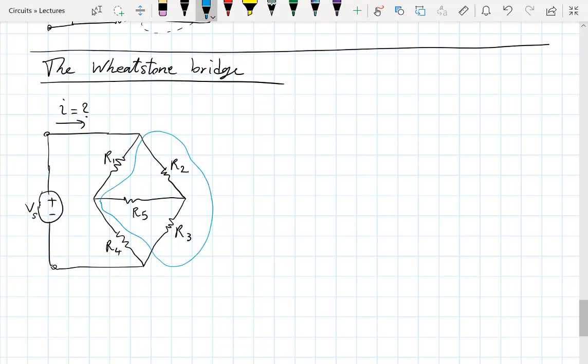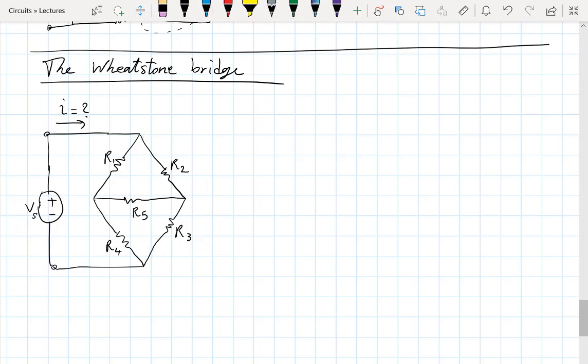Here's a y, right? Again, the way it looks on paper may not immediately remind you that this is a y, but it is a y. You can go move the wires around, redraw it. And so you could have replaced this with a delta, and then you would have, again, simplified the circuit. You would have a bunch of parallel and series combinations that you could use to do that.